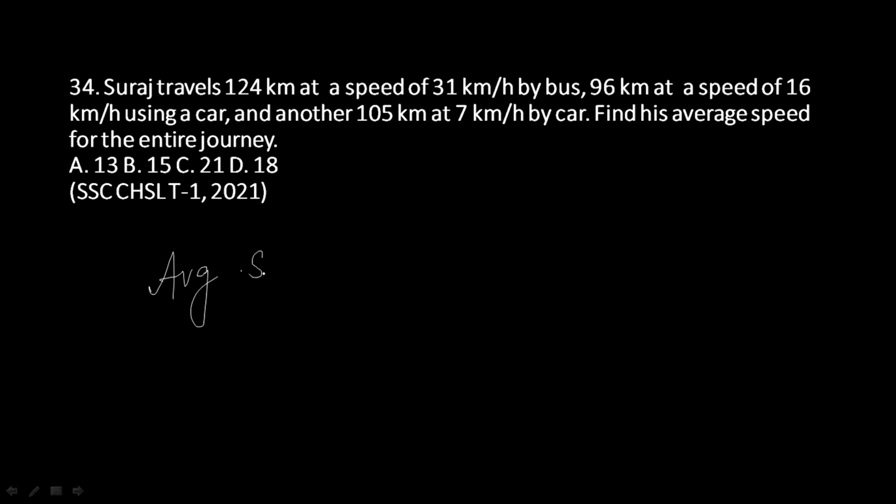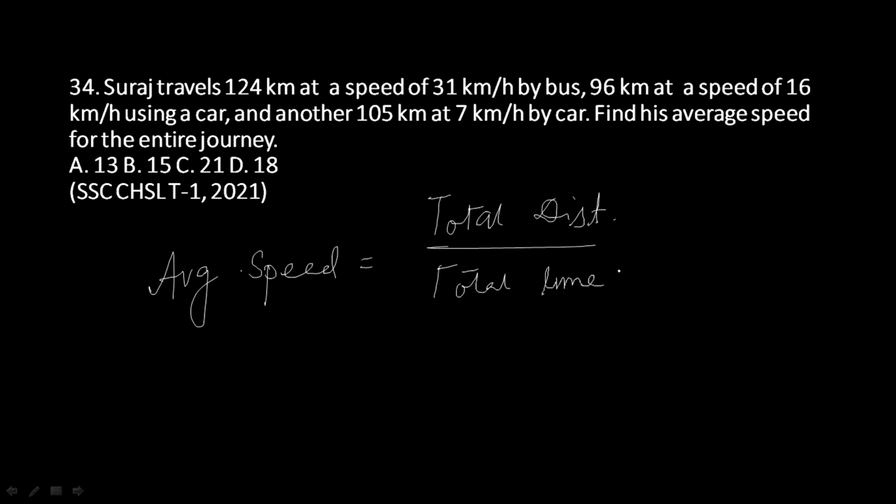Average speed is equal to total distance upon total time. So total distance is 124 plus 96 plus 105, right?